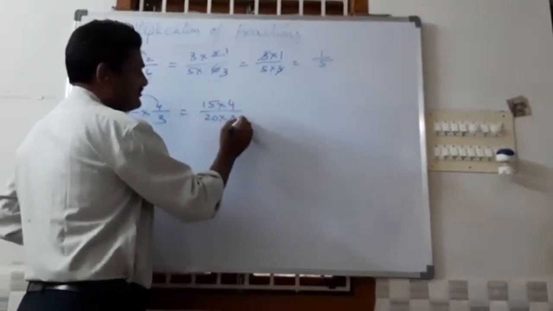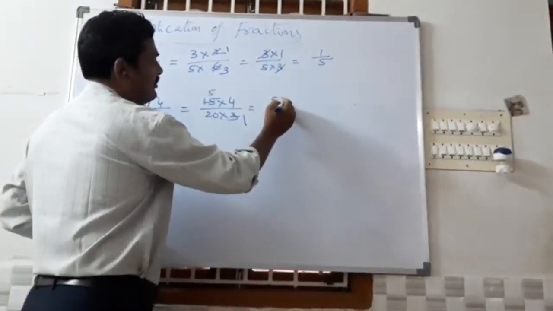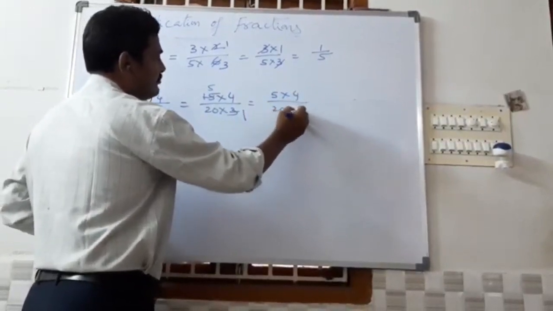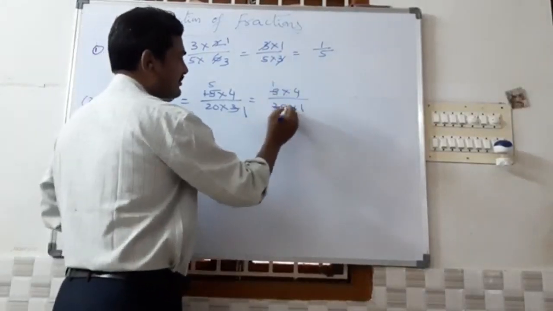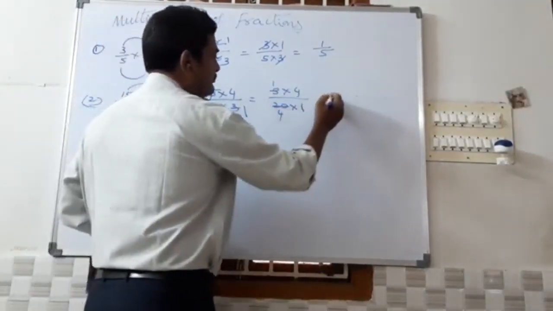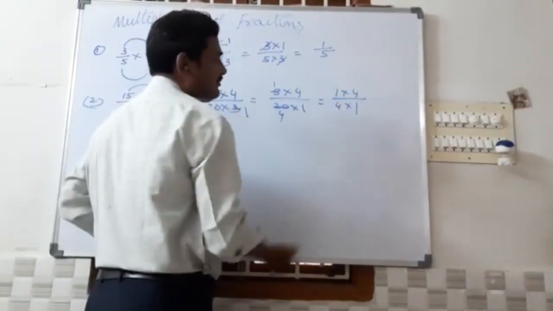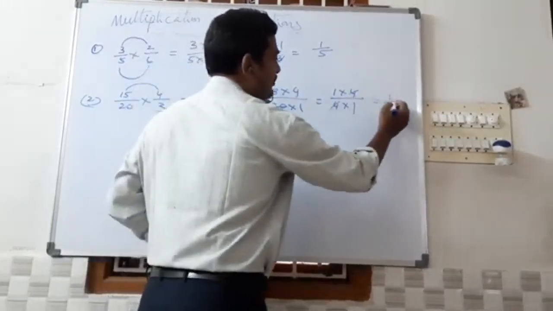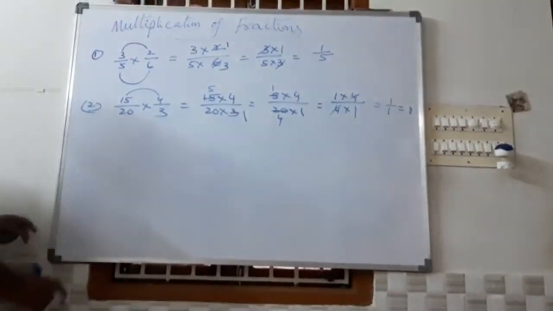Any cancellations? 3 ones are 3, 3 fives are 15. Now the remaining is 5 into 4 by 20 into 1. Again any cancellations? 5 ones are 5, 5 fours are 20. That means 1 into 4 by 4 into 1. The 4s cancel, and the remaining is 1 by 1, which equals 1.